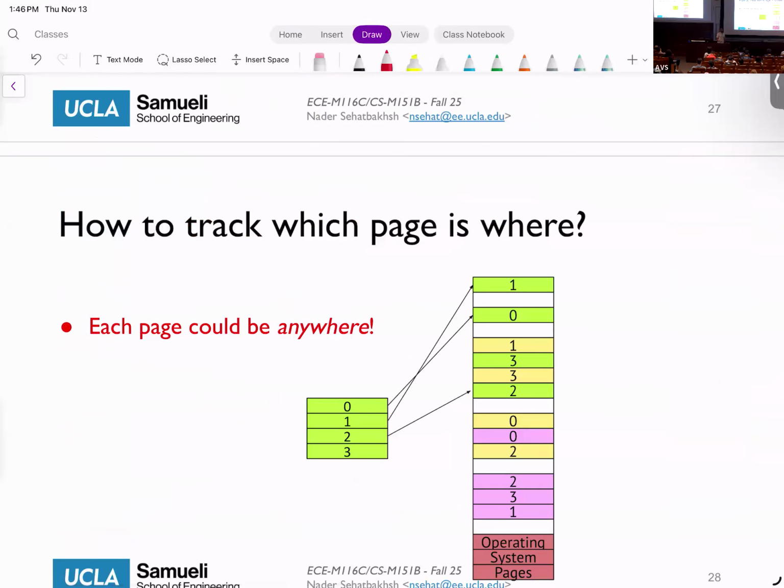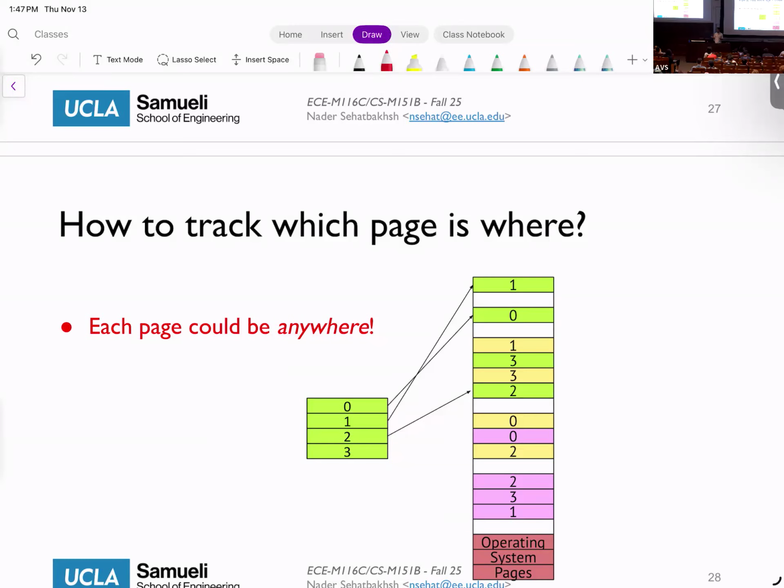But then this also brings a very, very critical challenge, and that is that now pages could be anywhere in the memory. In the past, I knew that this is my base and this was my bound, but now there is no base, each page could be anywhere in the memory.